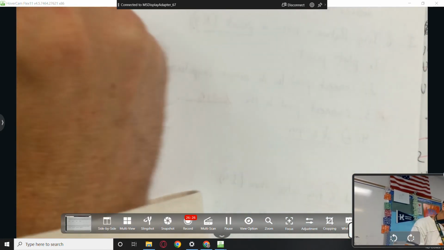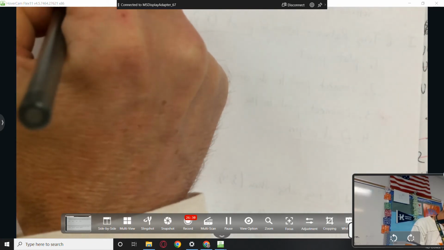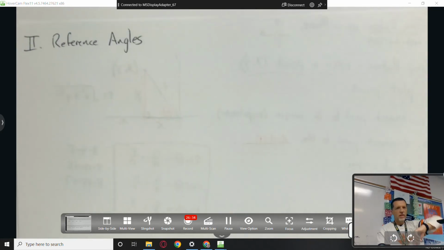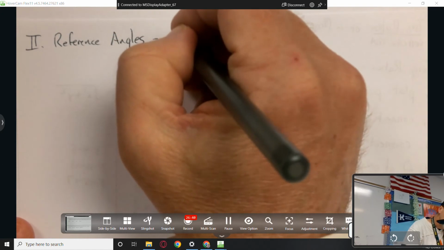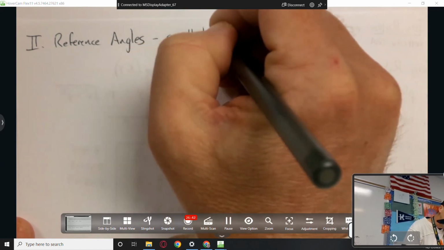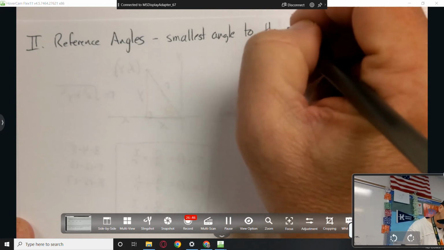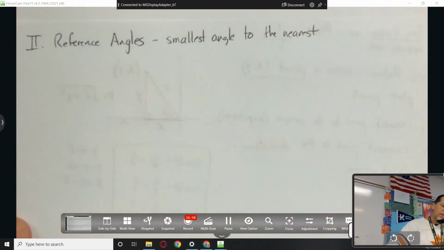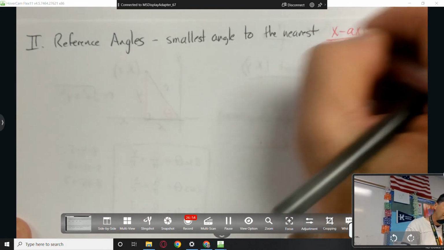Roman numeral 2. Reference angles. A reference angle is the smallest angle to the nearest, here we go again, the nearest x-axis.